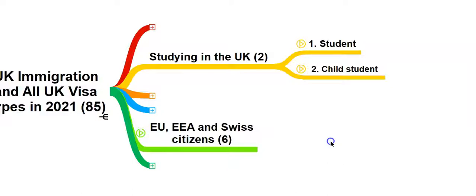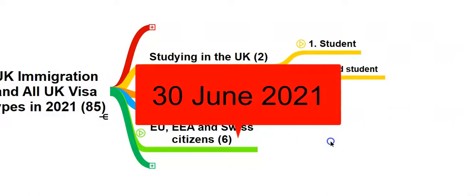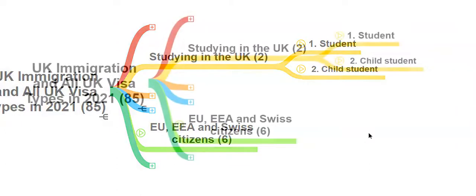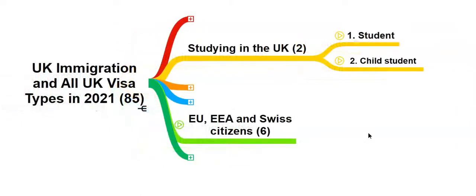As you may probably know, the deadline for applying under the EU settlement scheme passed on 30th of June 2021. However, there are still circumstances where you can apply even though you didn't do so on time. So you can apply after the deadline if you are joining a family member who was residing here in the UK before 31st of December 2020, or if you can show that you have reasonable grounds for being unable to apply before 30th of June 2021.